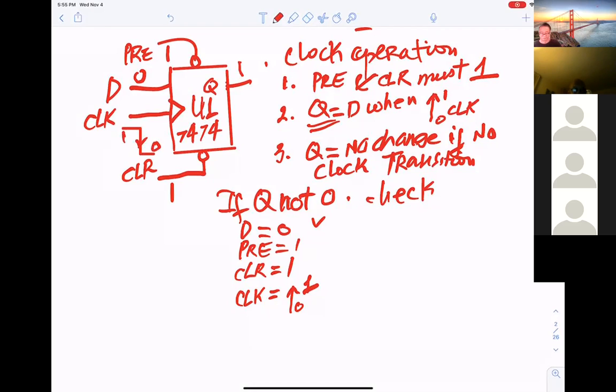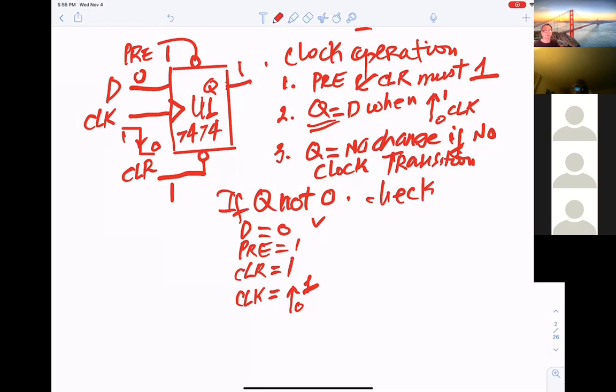What does Q equal for that circuit? D is 0, preset 1, clear 1, clock going 1 to 0. Shouldn't the clock be going 0 to 1? That's what I gave it to you, 1 to 0.